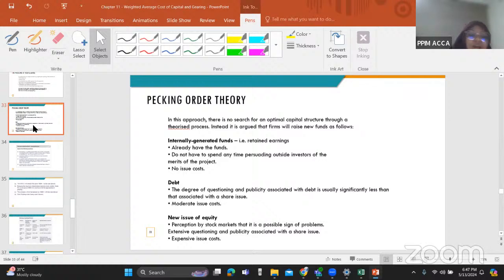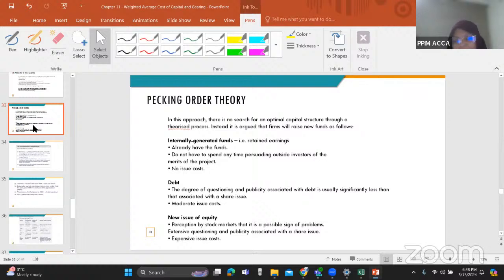Now, even if you can't get the debt, like say the bank refuses or something happens like that, then you go for the third option, which is a new issue of equity. Okay. But again, it comes with its problems because firstly, it is public. And most of the time, when an established company starts issuing new shares, it tends to send a signal saying that the company is not doing well.